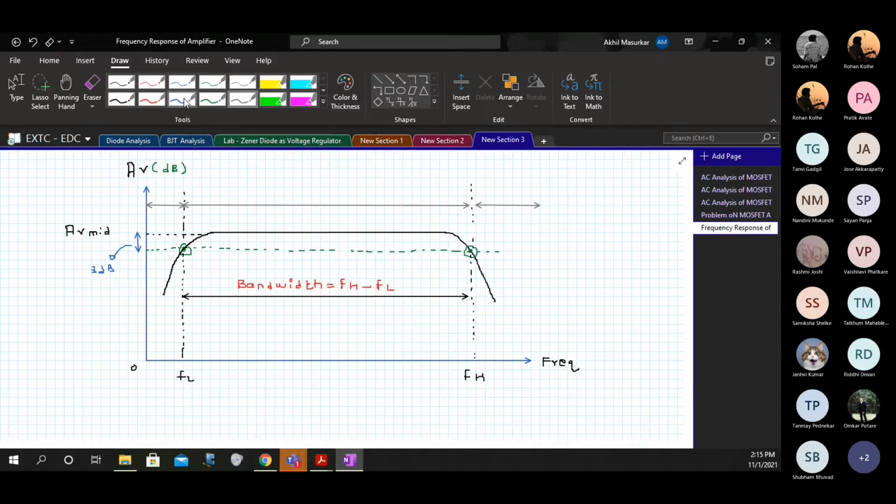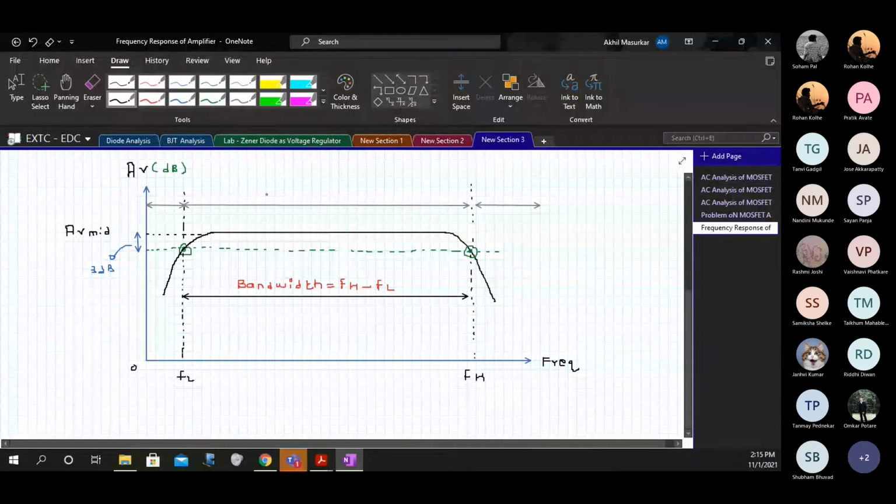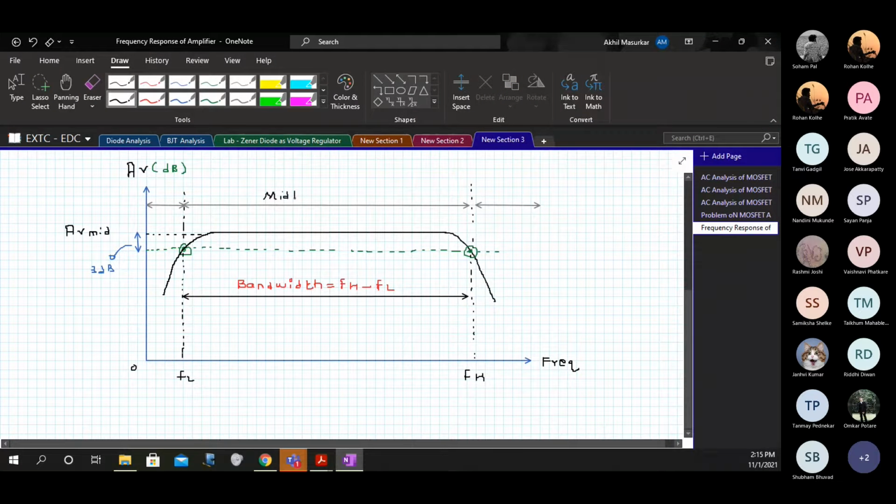Here this region is called the mid frequency range, or mid band frequency. This is called the high frequency response or high frequency band, and this is our low frequency band.